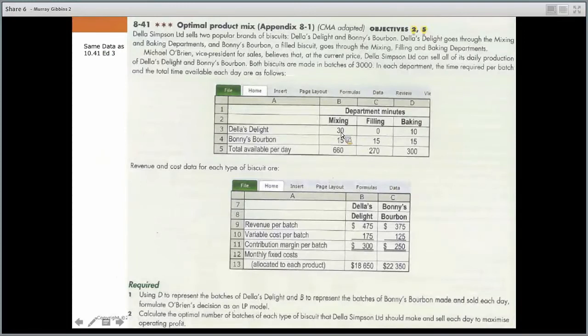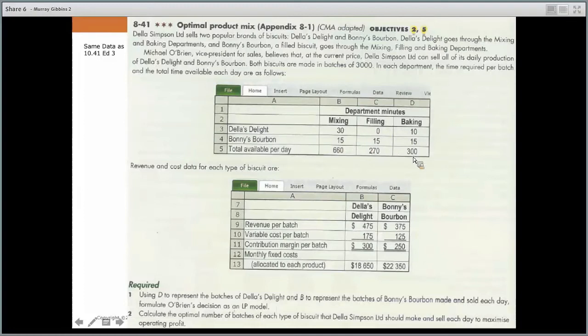So what we can do, we're going to try and write some constraints. If the mixing department, if Della needs 30 minutes and Bonnie's needs 15 minutes and the total is 660, we can write an equation and say, look, 30 lots of D plus 15 lots of B can't exceed, can be less than, but equals 660.